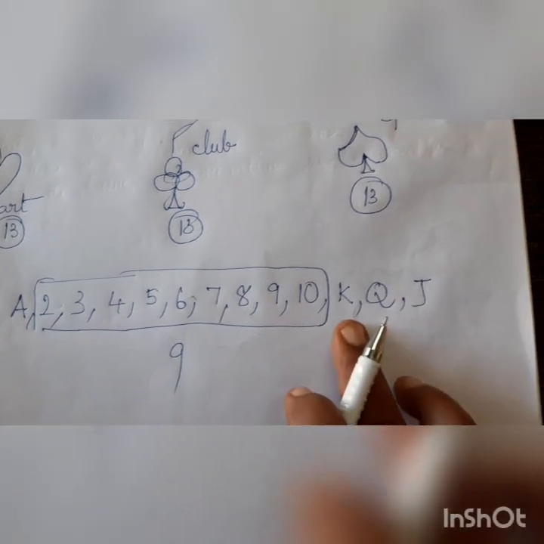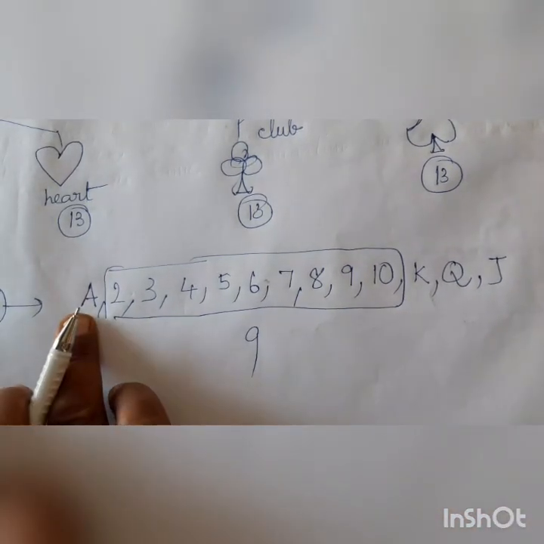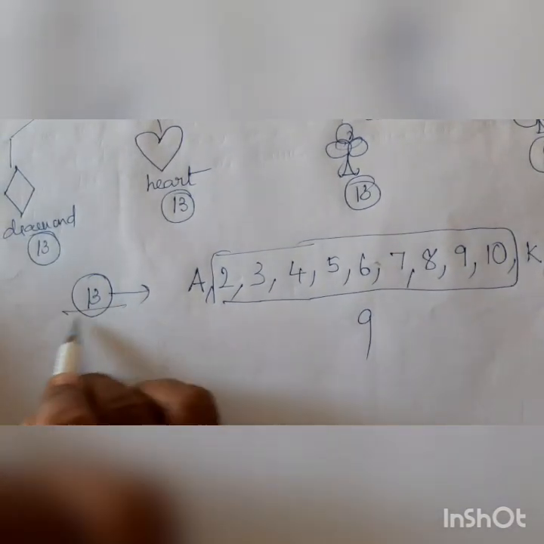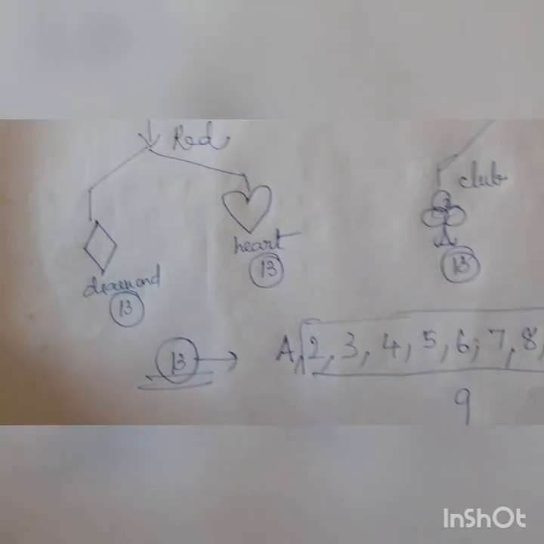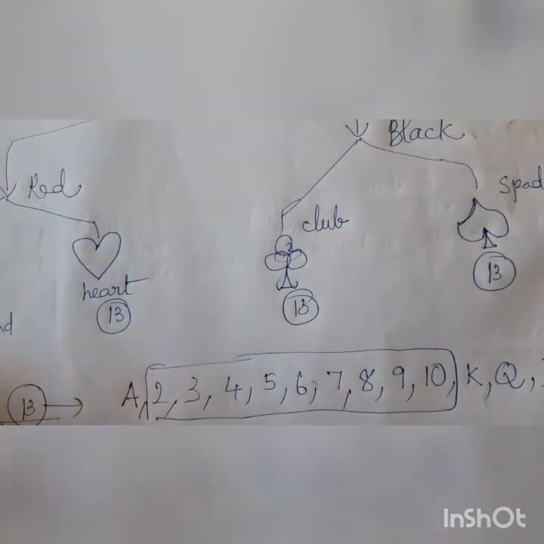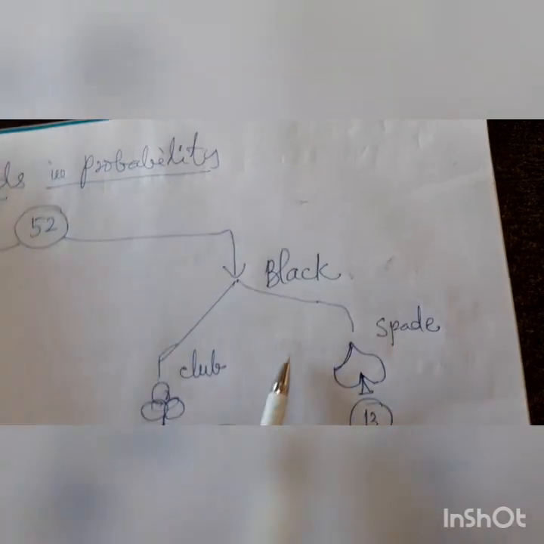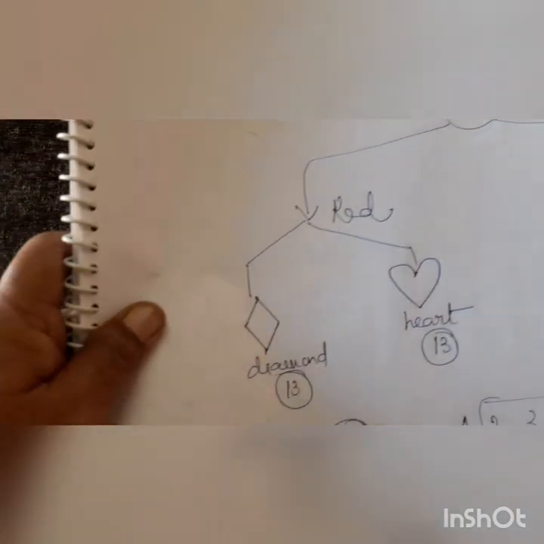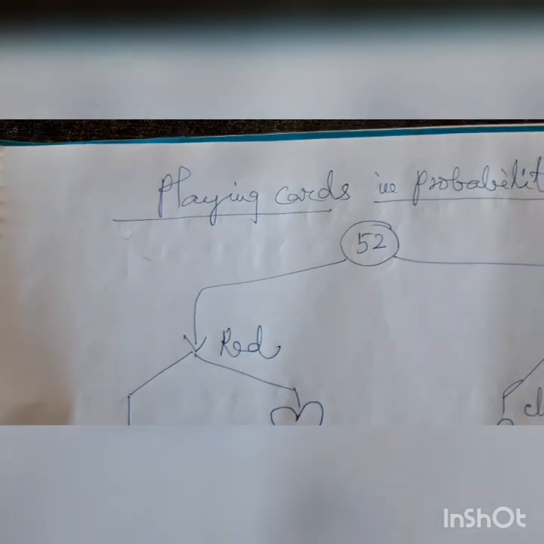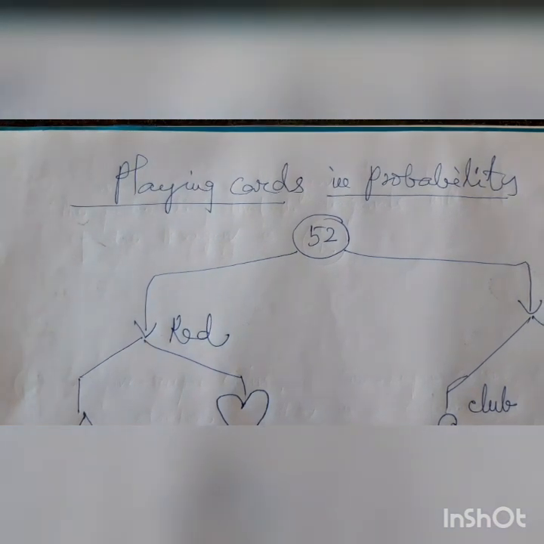Then king, queen, joker, ace, total 13. These 13 will be in diamond, the same 13 in heart, the same 13 in club, the same 13 in spade. Club and spade color is black, and diamond and heart color is red. Total 52 playing cards. This you must know.